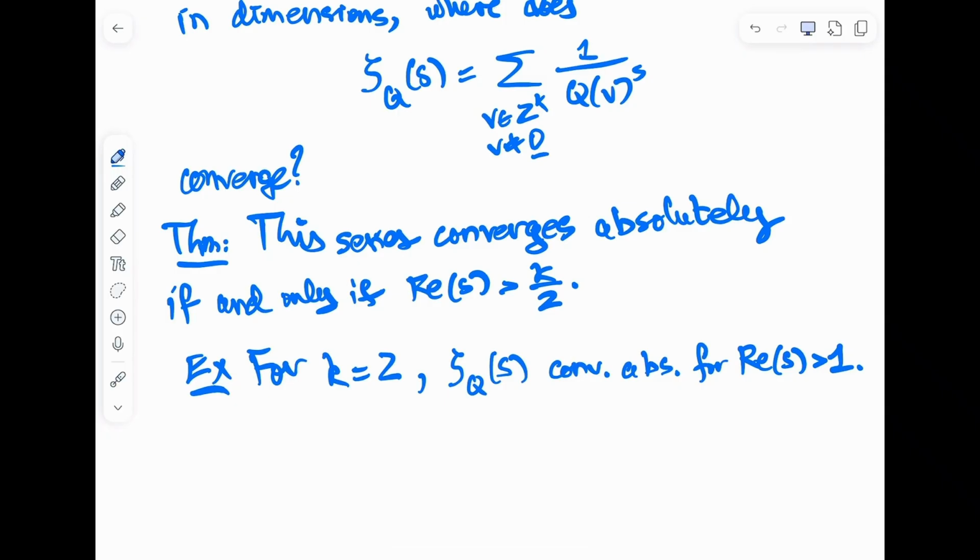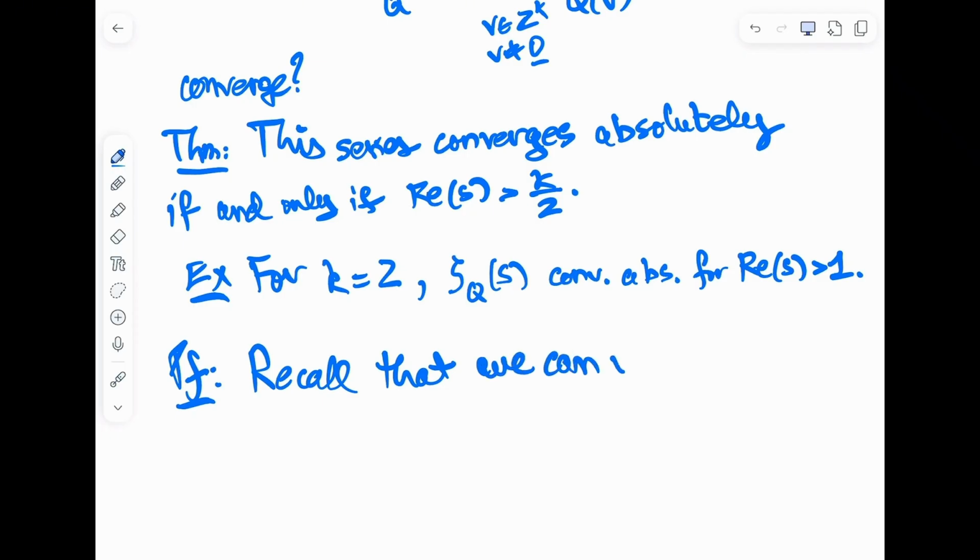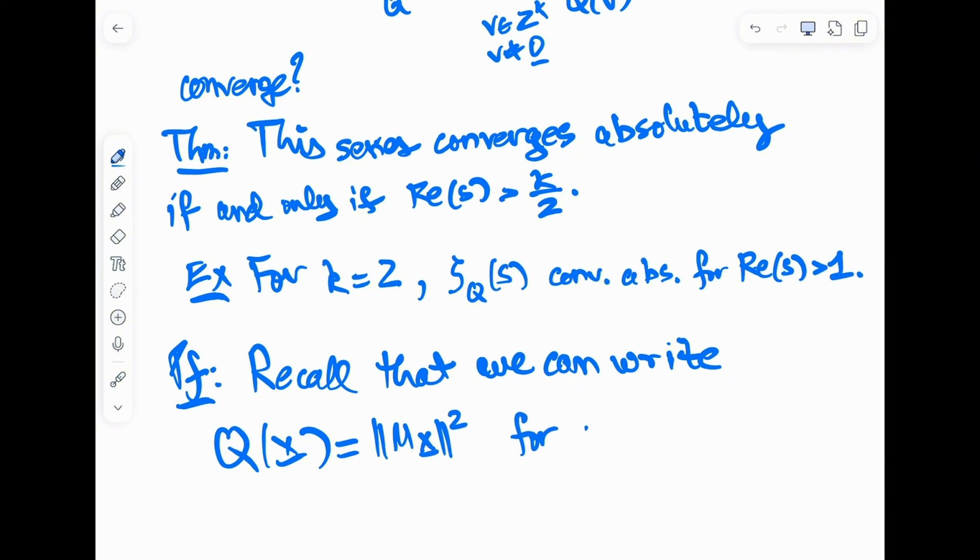So the idea is that, as I had mentioned earlier, positive definite quadratic forms basically all look like the norms of vectors, or the square roots of norms of vectors. So I had said that we can always write a positive definite quadratic form as the squared length of Mx for some invertible matrix.